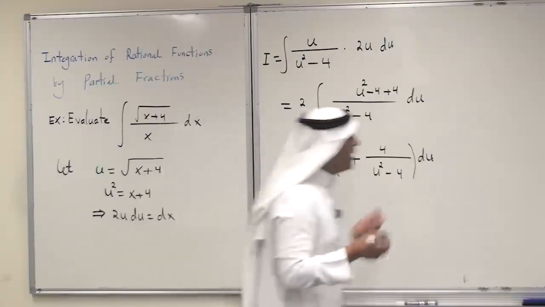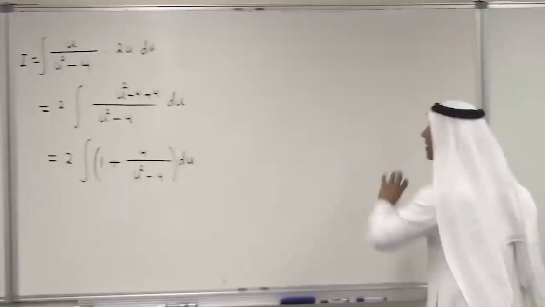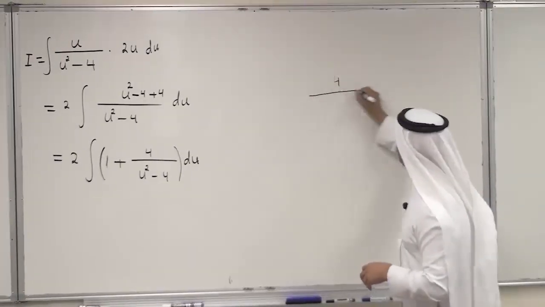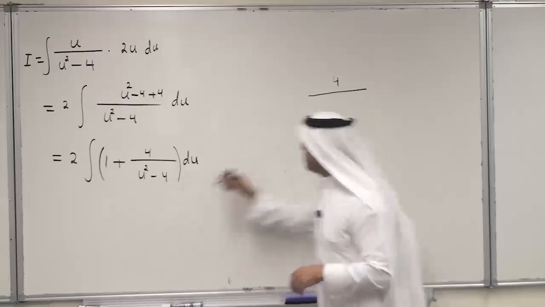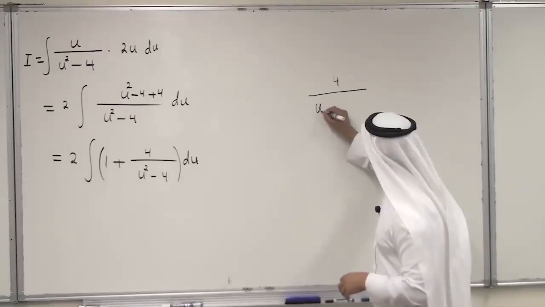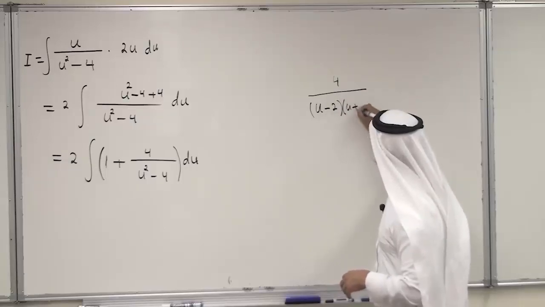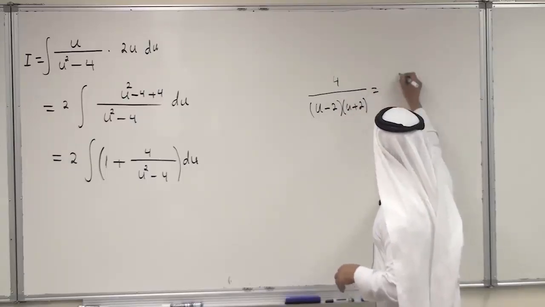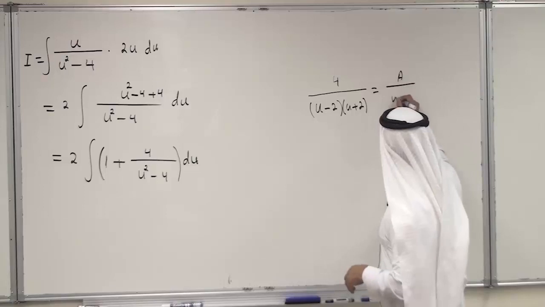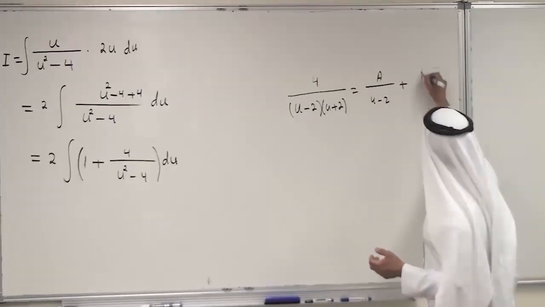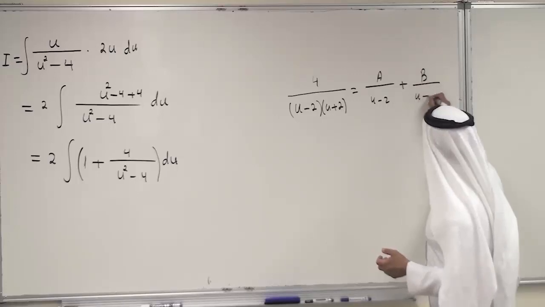Okay, what I will do here, I will just do it in the margin, then I will borrow my solution. I have 4 divided by u squared minus 4, that is u minus 2 times u plus 2. I need this one to be a constant A over u minus 2 according to the discussion we made, and another constant B divided by u plus 2.